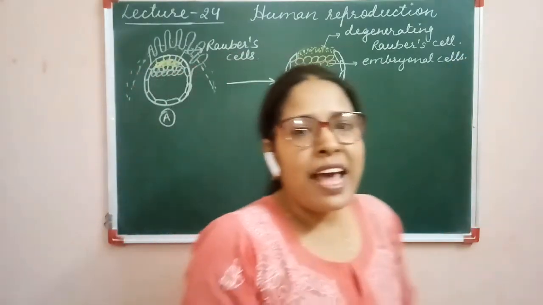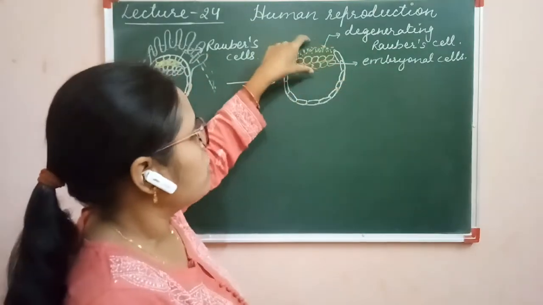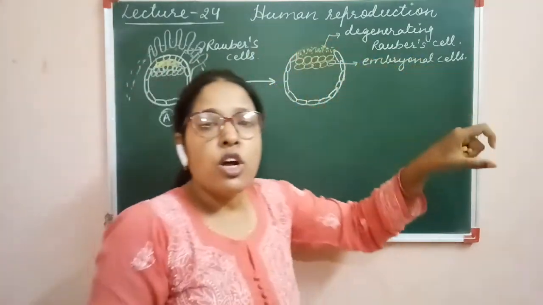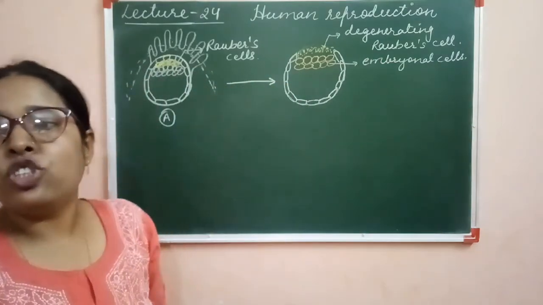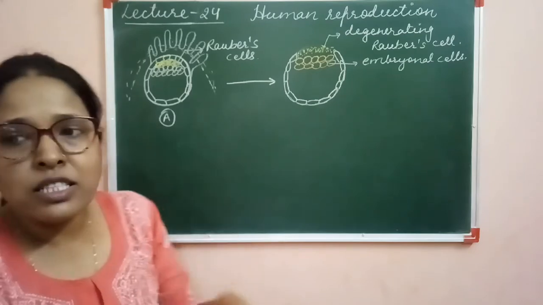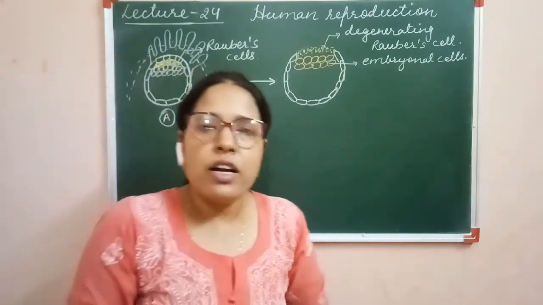Now come to the next change. Here two changes are taking place. First, degeneration of the Rauber's cells, and second, the arrangement of embryonal cells in the form of a layer or a disc.